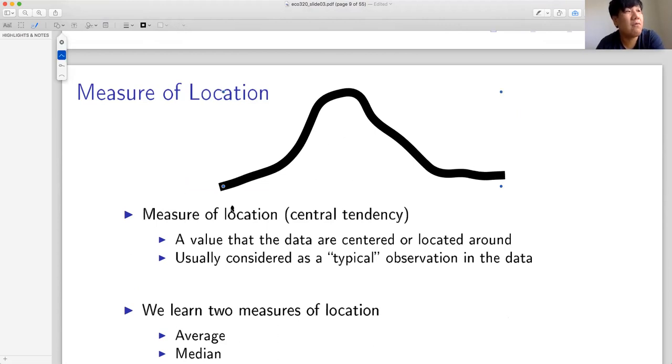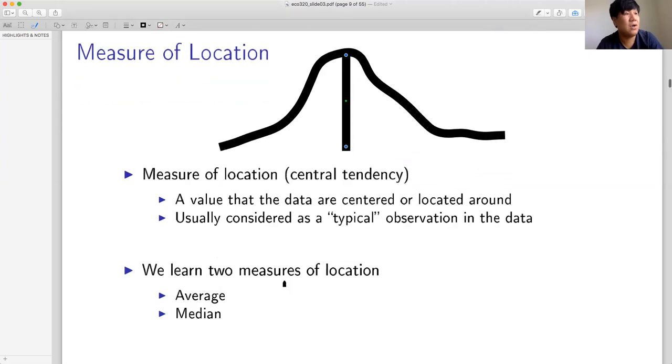So we are looking for some central tendency that is about here. That means it occurs most frequently in the data sets. So it's a typical observation in the data set, or that means most of the time you're gonna see most people will be around these values.